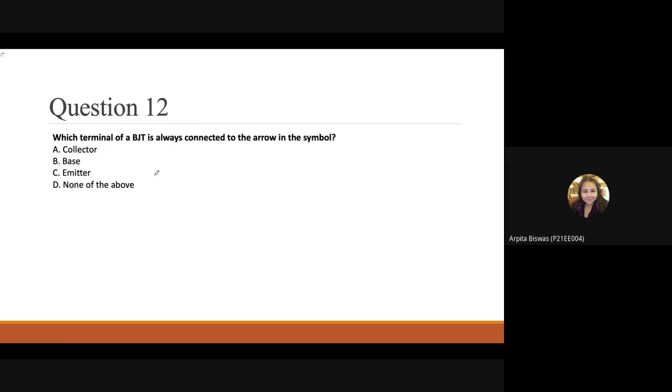Okay. So the next question is question number 12. Which terminal of a BJT is always connected to the arrow in the symbol? The first option is collector, then emitter, base, and option D is none of the above. Emitter, option C. Okay, emitter, ma'am. Okay, Shivraj, and this is a basic question, I think.